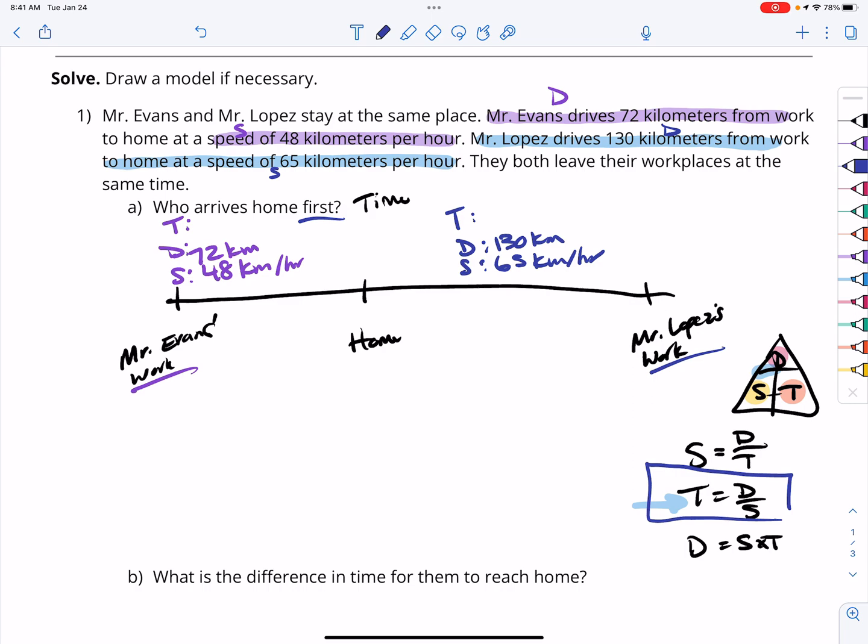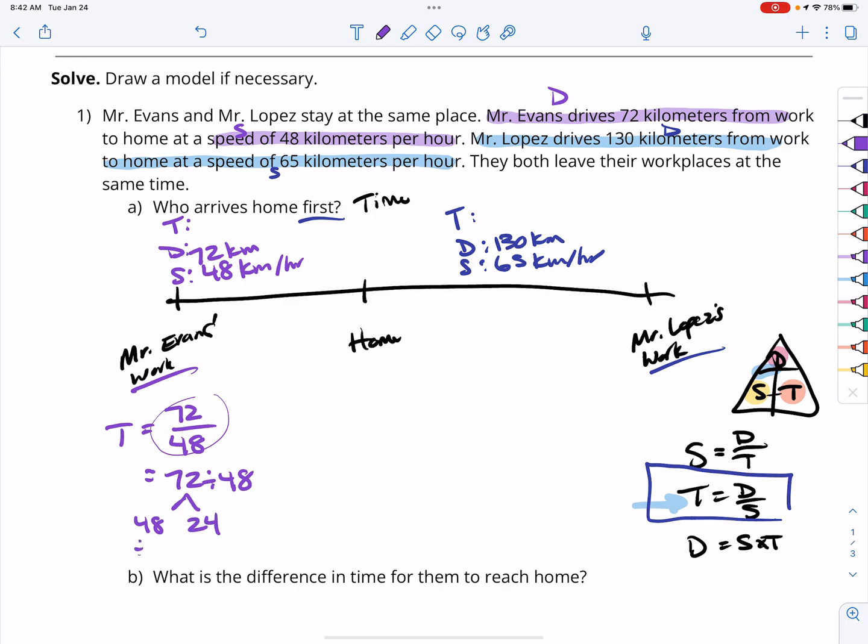All right, hopefully you have done some work here, and so we can see Mr. Evans, if we're trying to calculate his time, will equal distance, 72 kilometers, divided by 48 kilometers per hour. And I'm going to think of this like it's a division problem, 72 divided by 48. Or I could have simplified this fraction, but I know this 72 is a 48 and a 24.